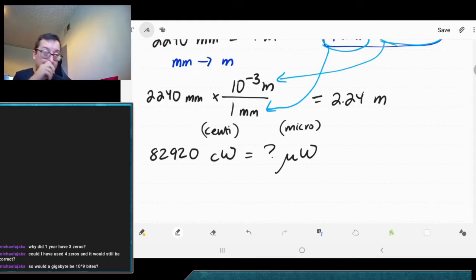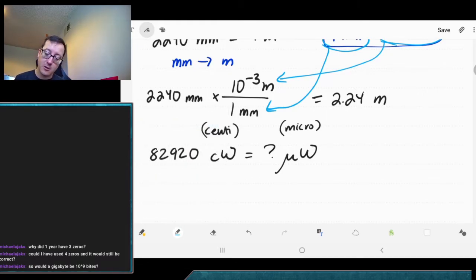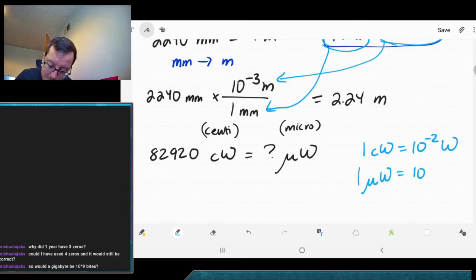Centi and micro here. With those, well, we might say, okay, I have some conversion factors that I can use. I know that 1 centiwatt is 10 to the minus 2 watts. That's from our metric chart. And I also know 1 microwatt is 10 to the minus 6 watts.